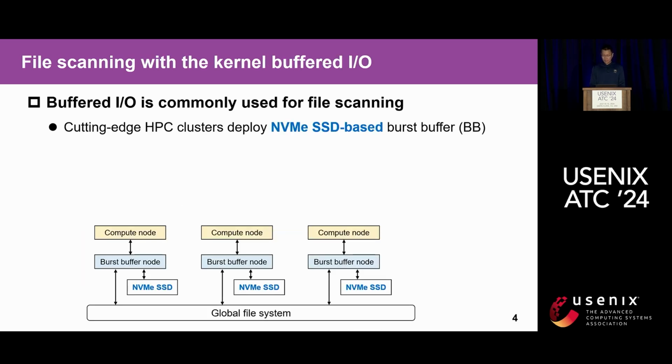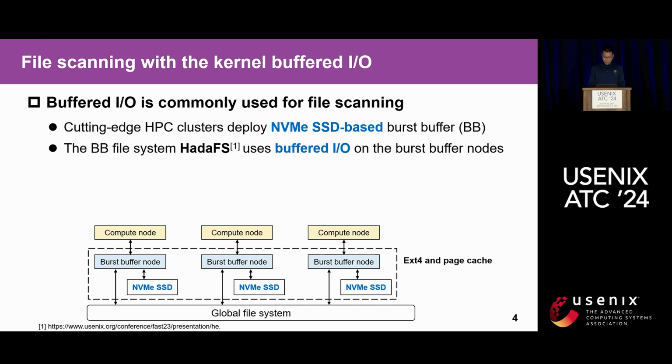On the other hand, kernel buffered I/O, the basic kernel file I/O mode, is commonly used for file scanning. For example, cutting-edge HPC clusters deploy the NVMe SSD-based burst buffer for I/O acceleration, and a recent burst buffer file system, HEDA-FS, used buffered I/O on the burst buffer node to access the NVMe SSDs.